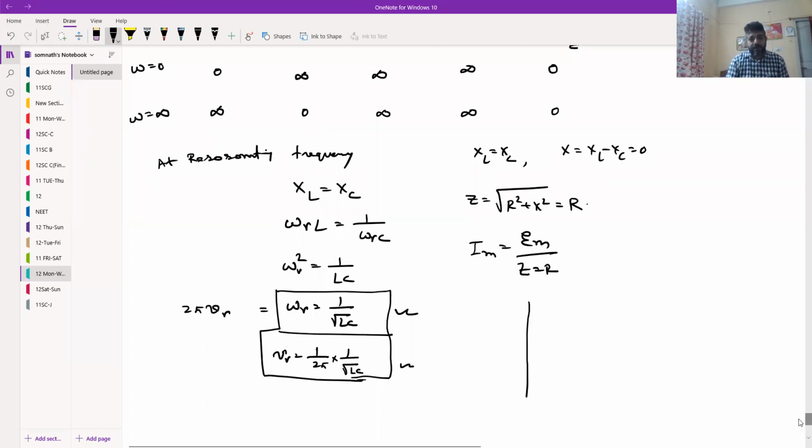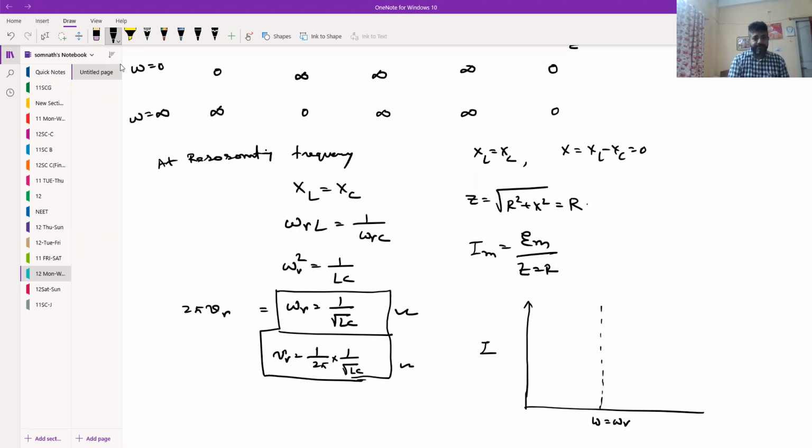So if I want to draw the current versus angular frequency graph with the previous one, what is the basic difference? Omega equals omega R. If you see this, when my omega is 0, my current is 0, and when my omega is infinity, my current is 0. But at omega equals omega R, resonating, it is not infinity, it is a maximum value.